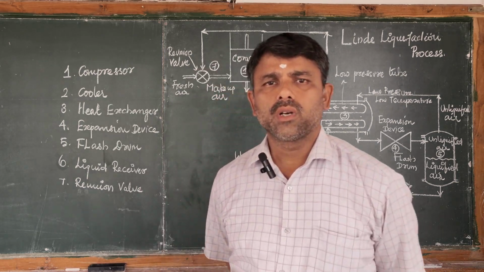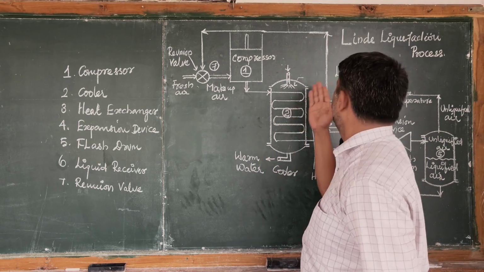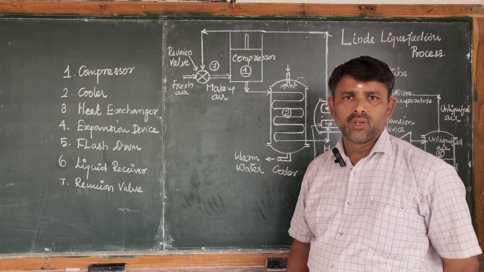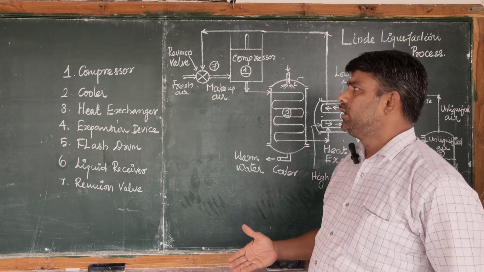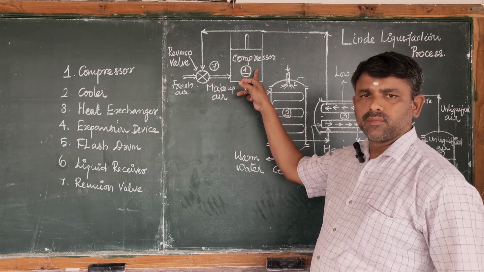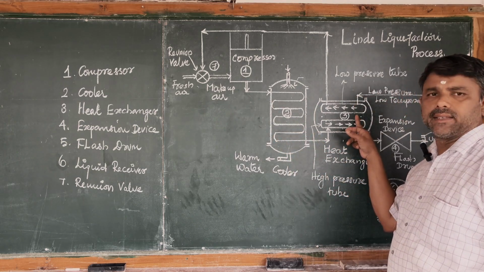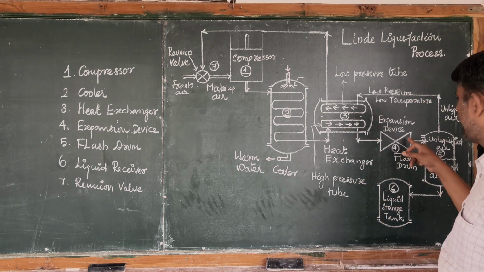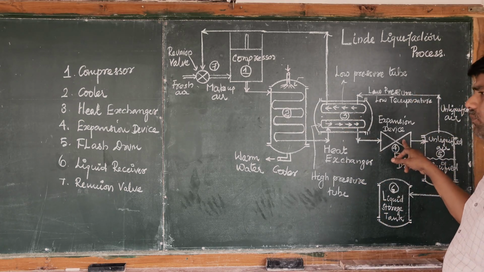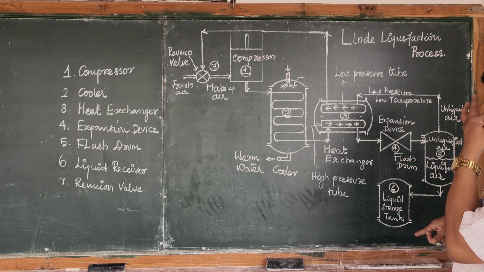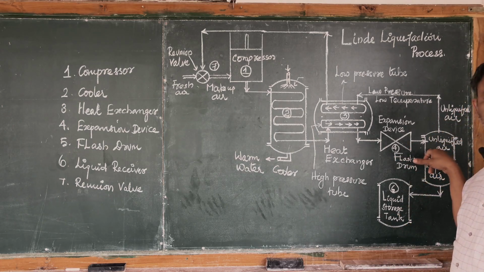Let us start with how to construct the Linde liquefaction process. What are the key components? Number 1 is the compressor. Number 2, cooler. Number 3, heat exchanger. Number 4, expansion device. Number 5, flash drum.